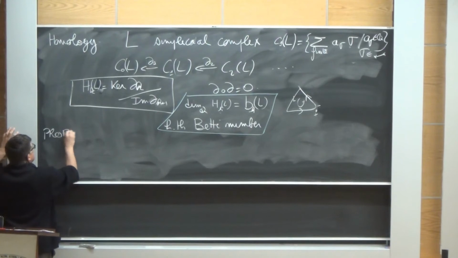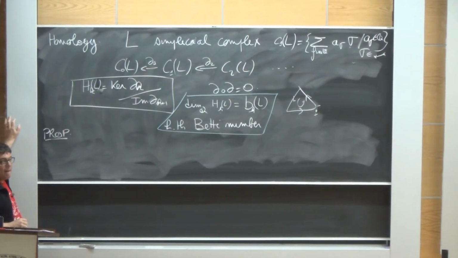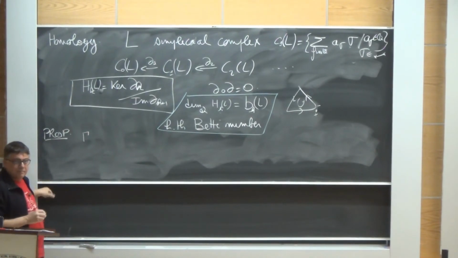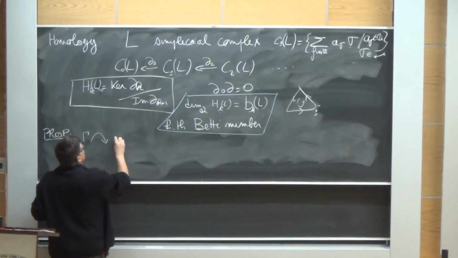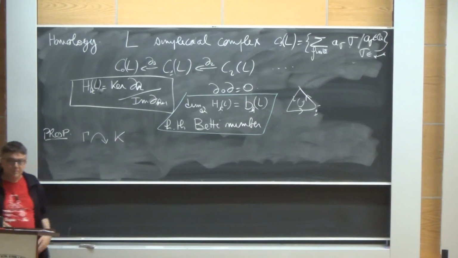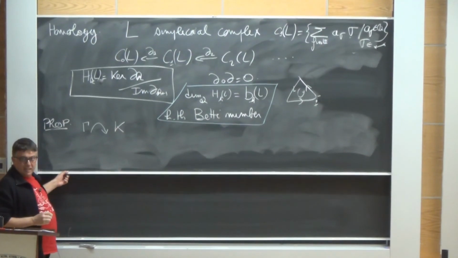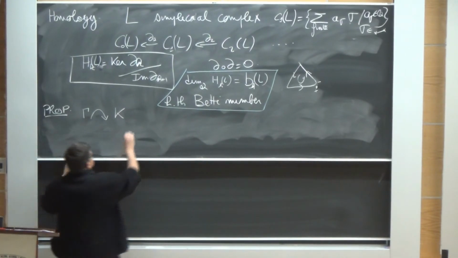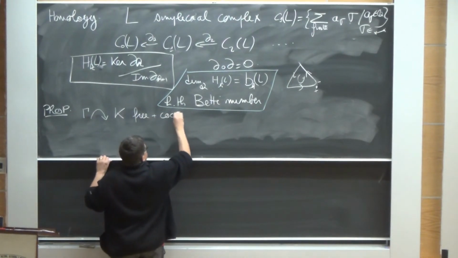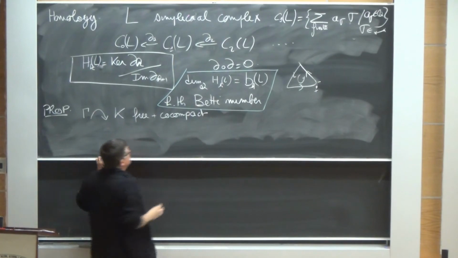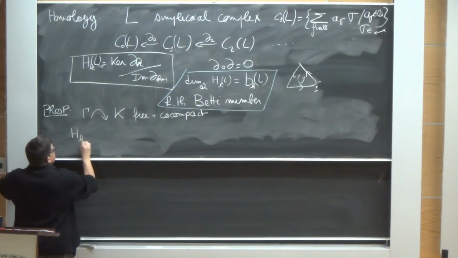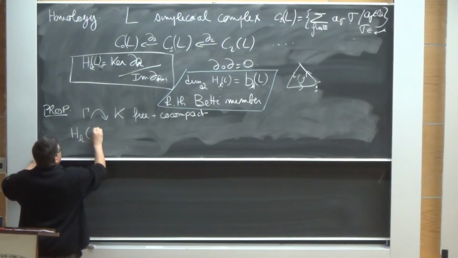Now comes the proposition. Now I consider my group gamma acting on some K properly, or let's say freely, and co-compactly, which means that the quotient is compact. Then I look at Hk of K mod gamma.